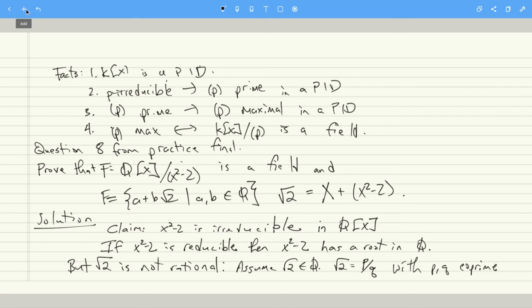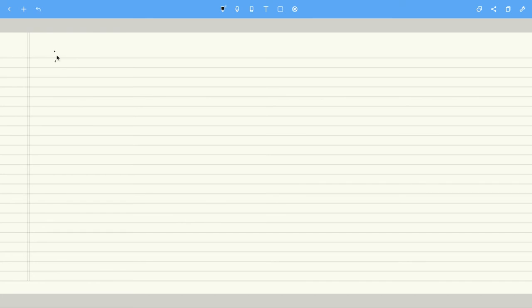So we have that the square root of 2 is p over q. I'll square both sides and cross multiply: 2q squared equals p squared. In other words, p squared is even, or we could say that 2 divides p squared.